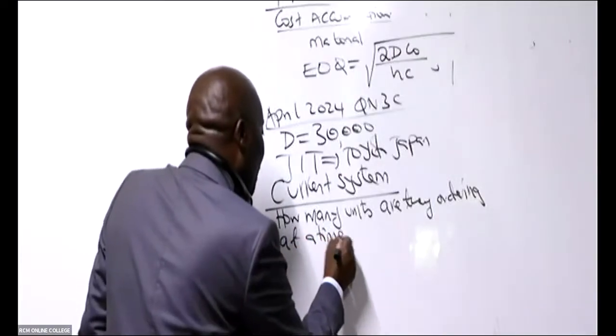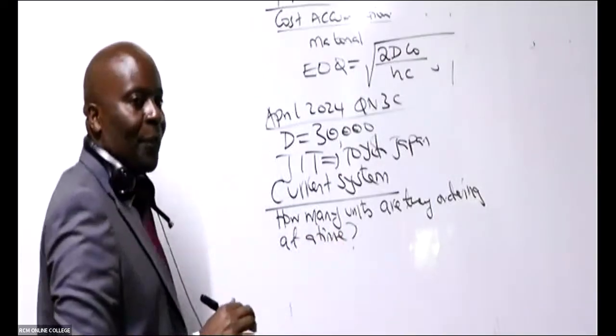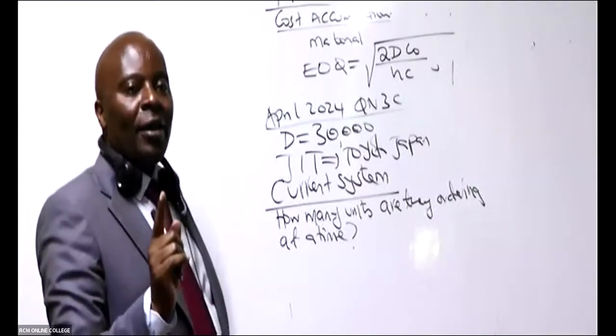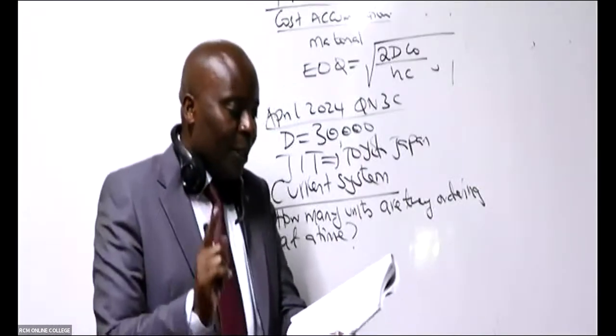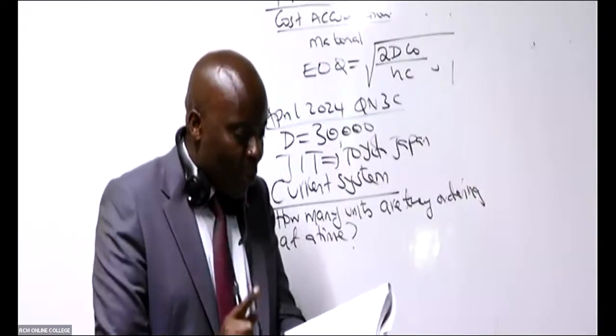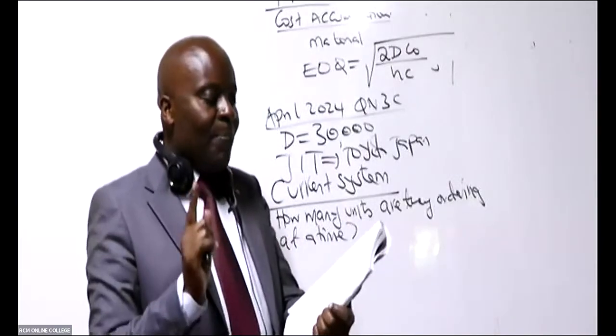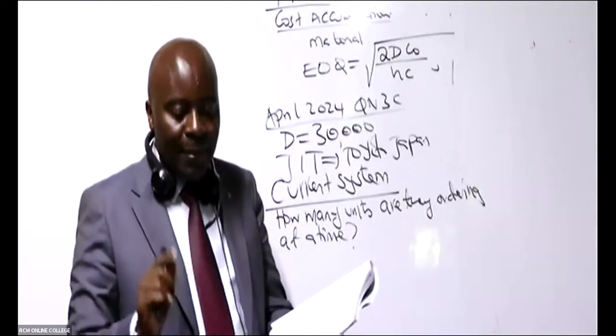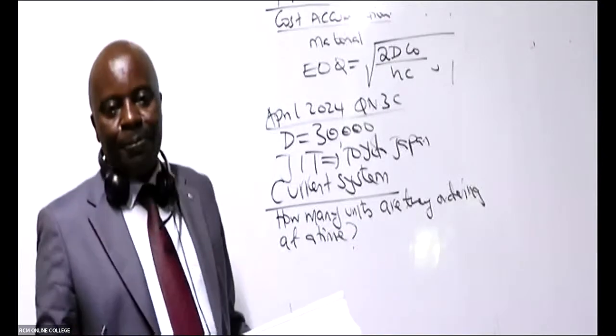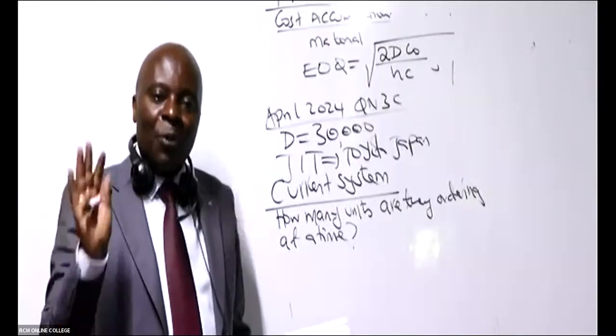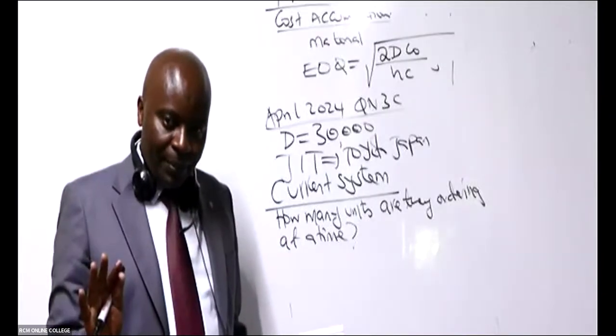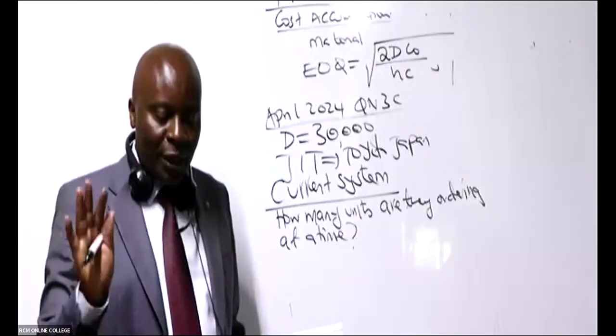This is really important for us. For the proposed system, if you read note number 3, they have told us that every time they order, they place an order over 4,000 units at a time. That is the proposed system.